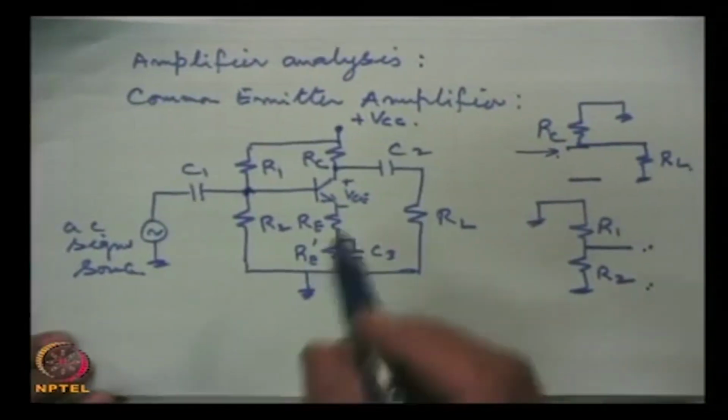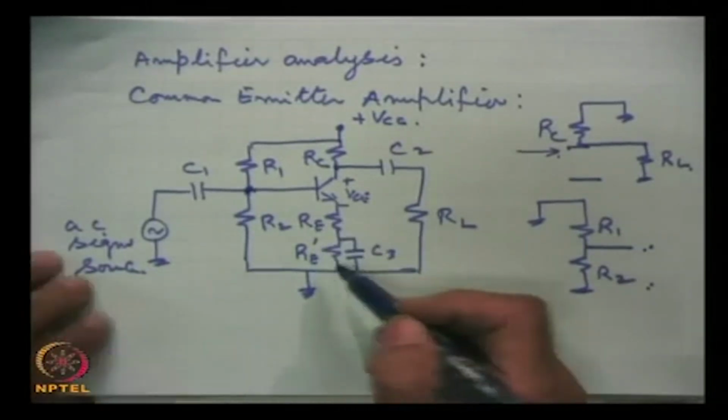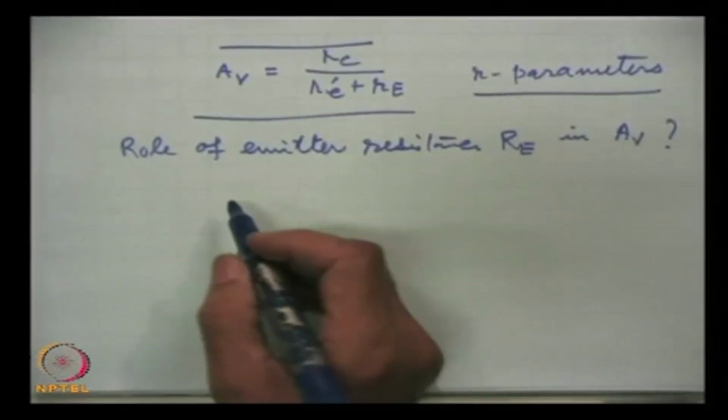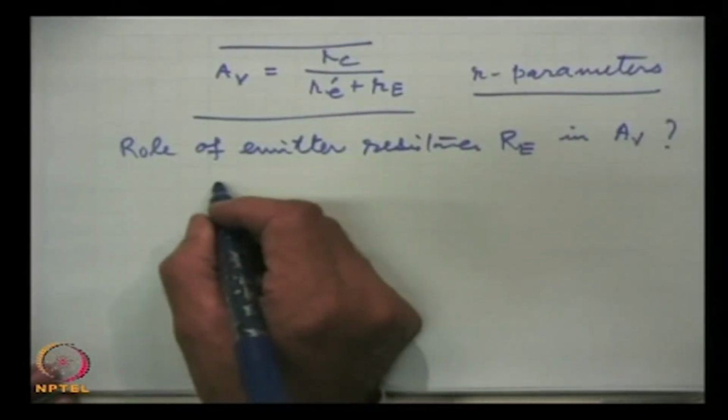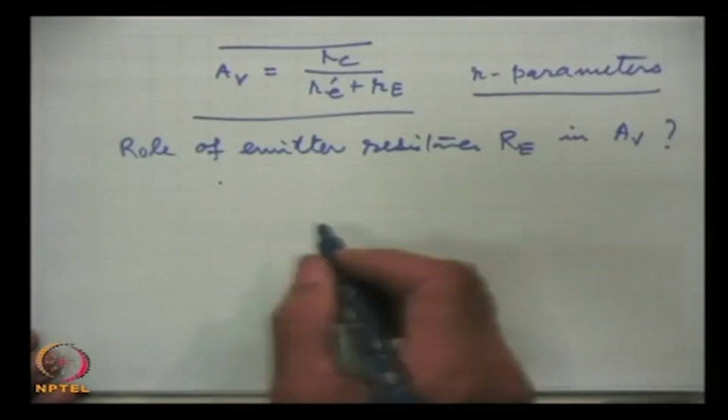Here, suppose we use only one resistance like this, so that the circuit becomes this.